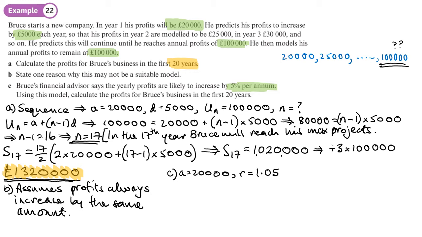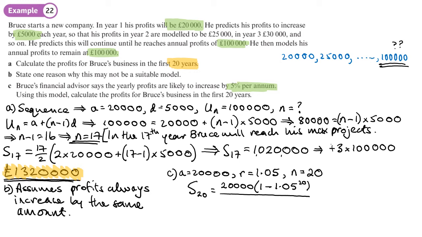And n is going to be 20, because it's the sum of 20 profits. So we'll put S20, so it's A times by R to the N minus 1, over R minus 1, or 1 minus R to the N over 1 minus R. So I'll do 1 minus R to the N. You could do it the other way around, as long as you do the bottom the other way around.